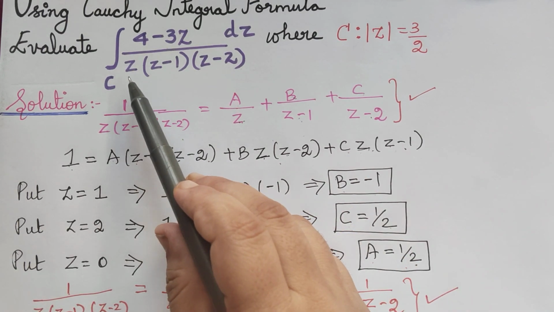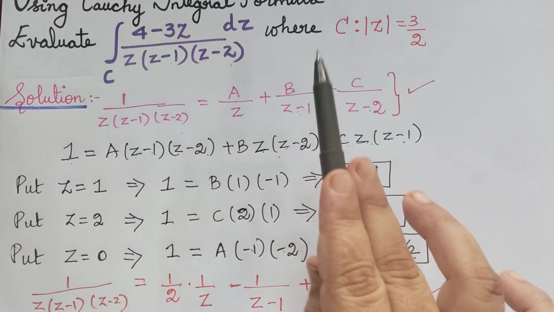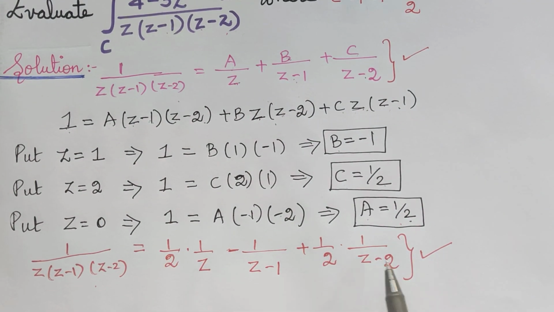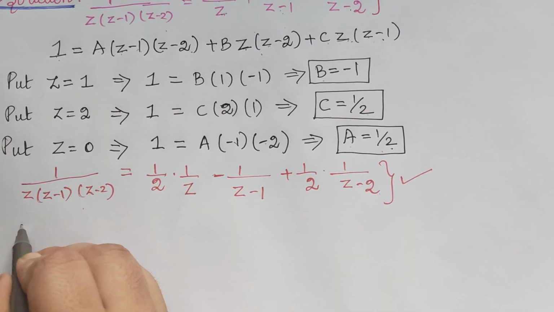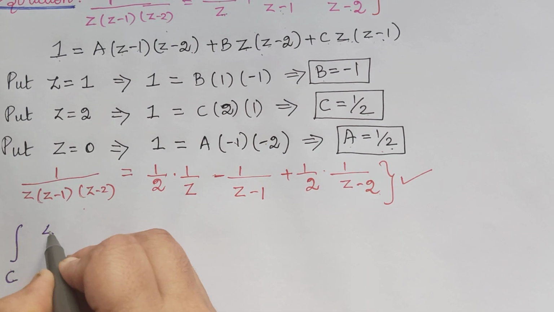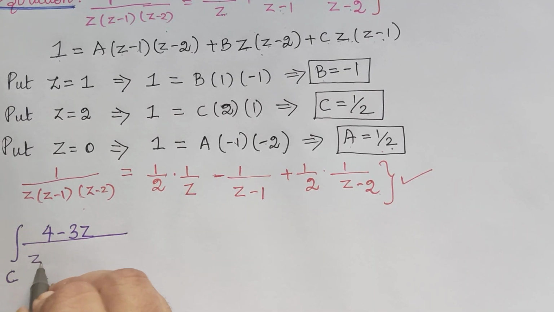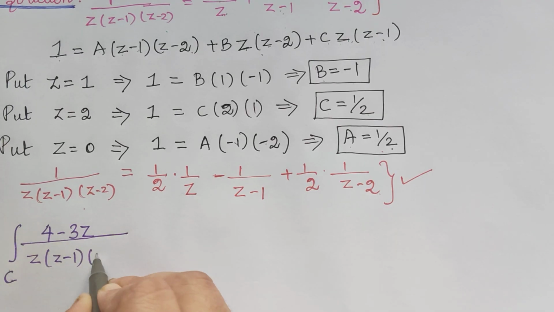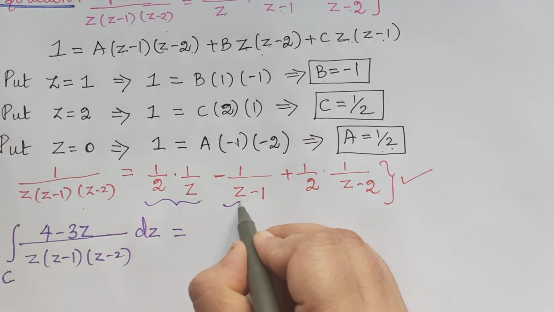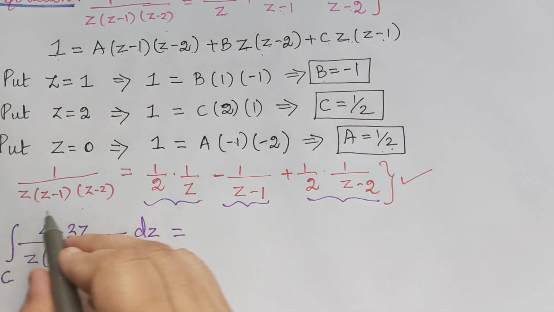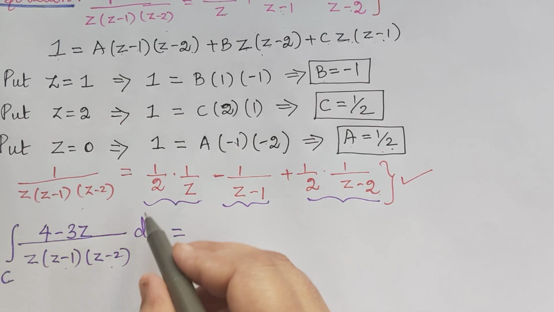Instead of 1 by z, z minus 1, z minus 2, we will split this one integral into three different integrals. Therefore the required integral, over C of (4 minus 3z) divided by z multiplied with (z minus 1)(z minus 2) dz, is equal to the following.